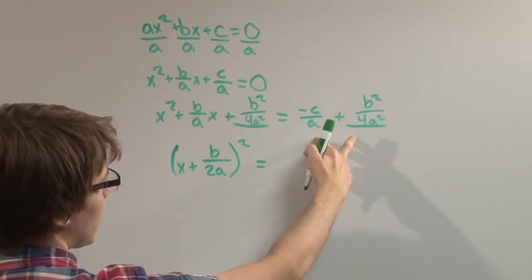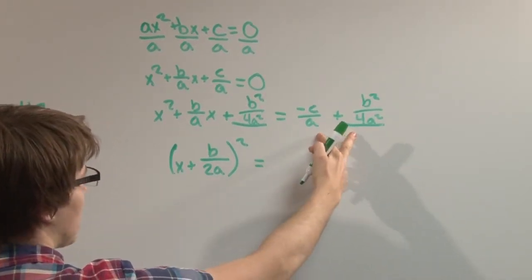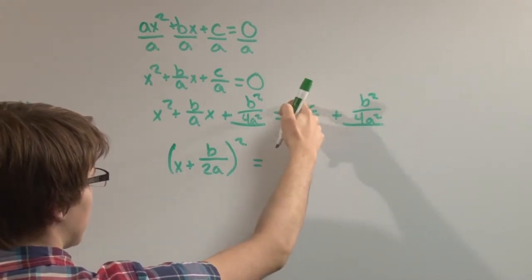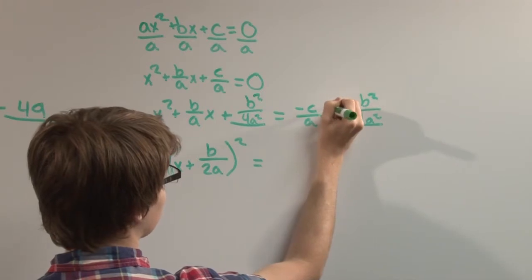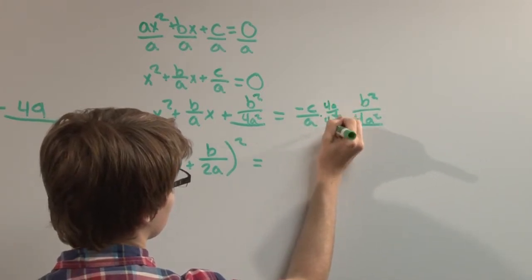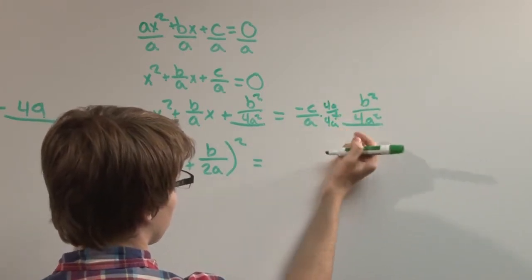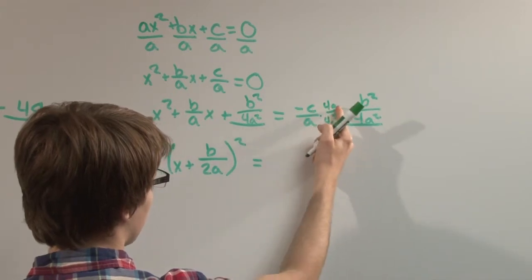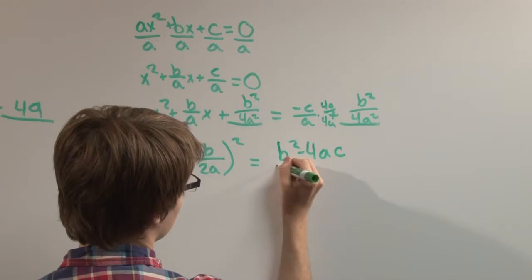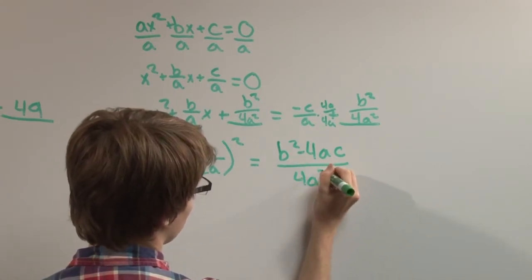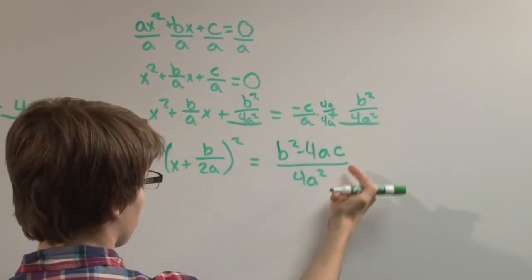And so to combine this, we need to get a common denominator. So that's negative 4ac over 4a squared if we divide both of these by 4a. So b squared minus 4ac all over 4a squared, which is our common denominator.